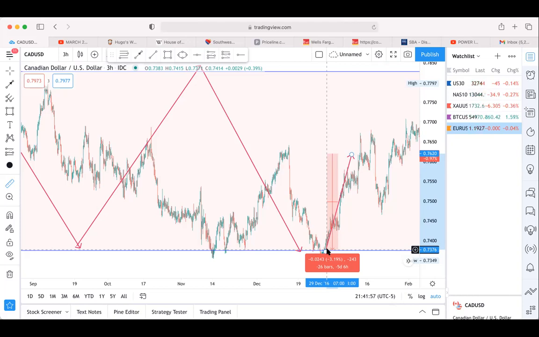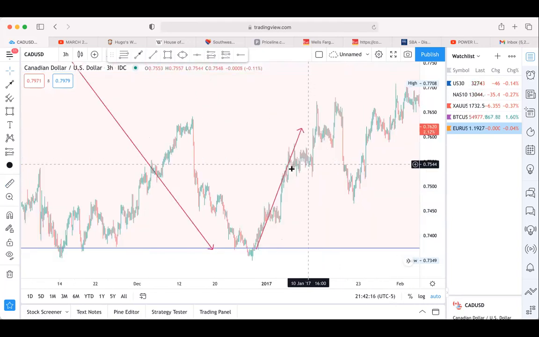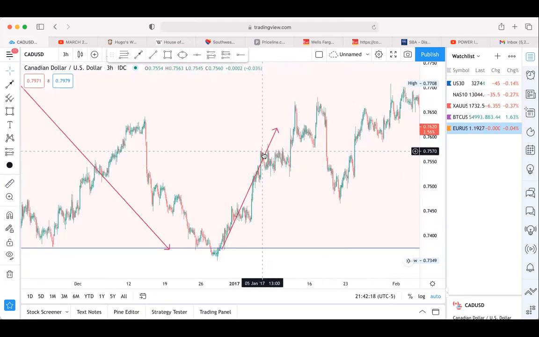If you bought it for, let's say, just 2 lot size, you would have made $4,800 and something dollars from here to right here.